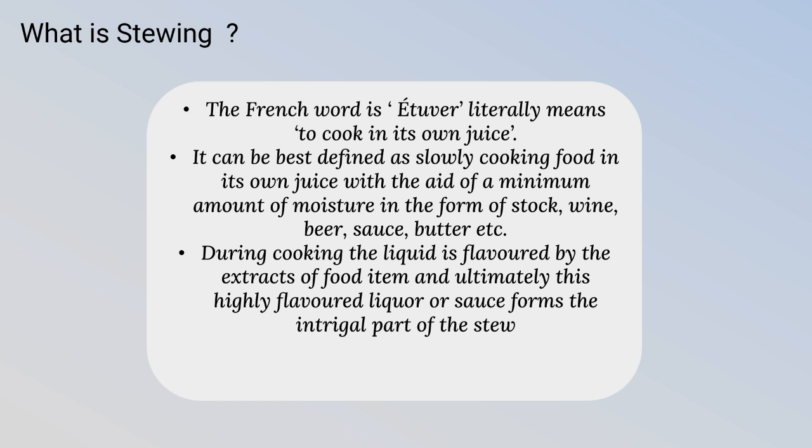The juices from the product you are stewing will mix with the liquid, and as a result the liquid will become very highly flavorful, and that is known as the flavored liquor or the sauce, which will be the integral part of the stew. It will be served along with the meat that is stewed, and be served with the liquid and vegetables. Okay, very nutritious in terms of health food.